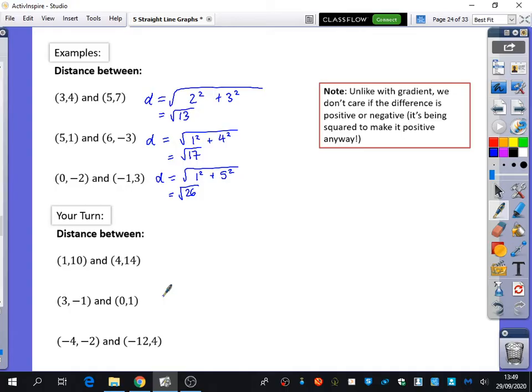You can just do those 3 at the bottom. Okay, about 15 seconds more.